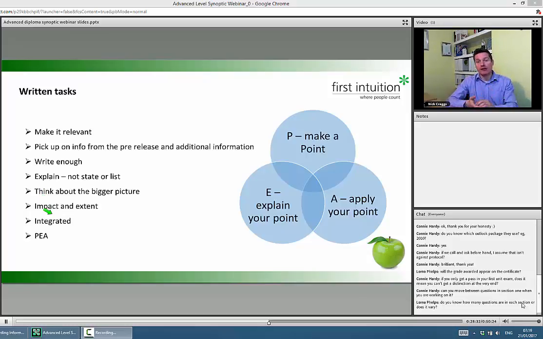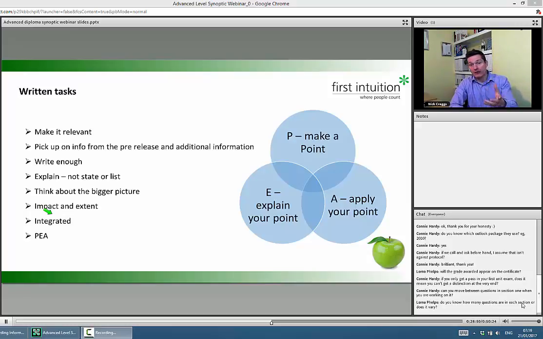And then finally, integrated. Bring different units together. The marker's going to love that. The markers love bringing things together at level 4, or the professional level. So in financial statements at level 4, what they like is you talk about this ratio, and then you say, but that is also indicated by this ratio.